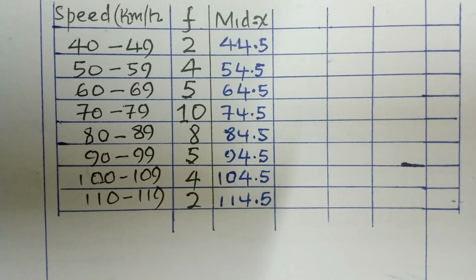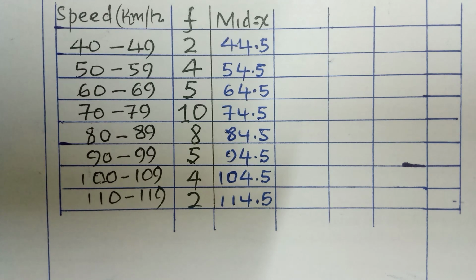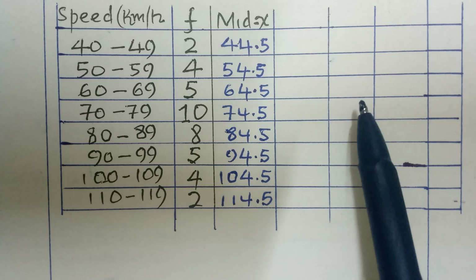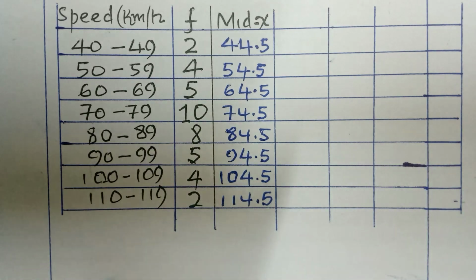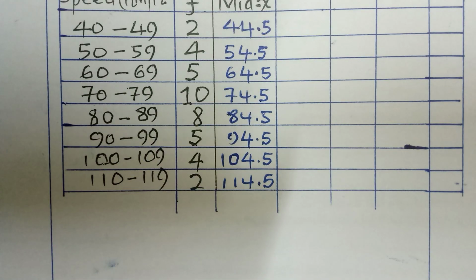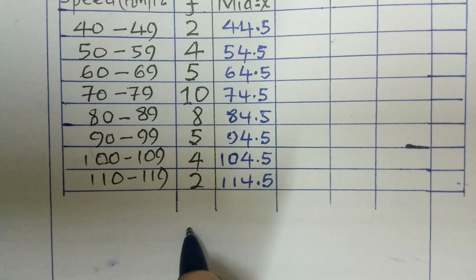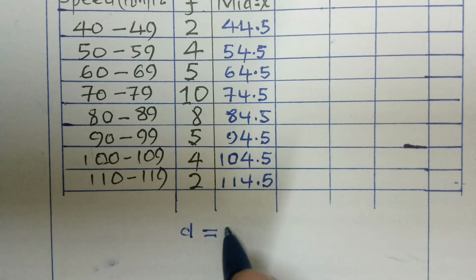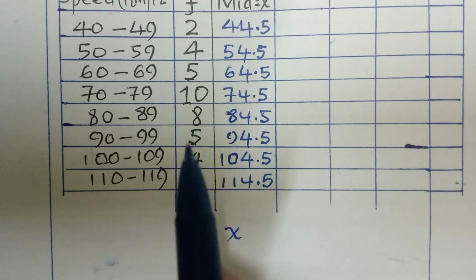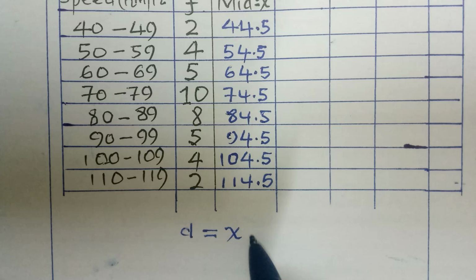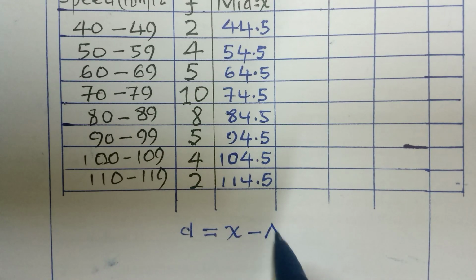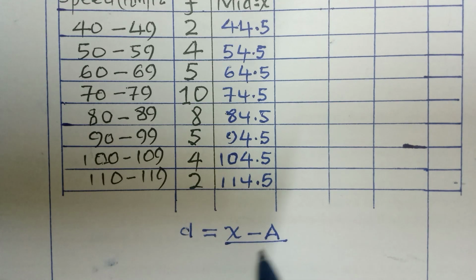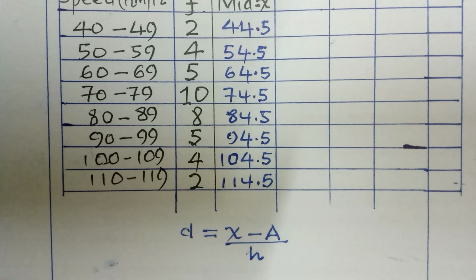So the next thing guys is we establish our equations, so that we can know the columns that we require here. So our equations are, we usually have D, which is given by X, our midpoint, minus A, and then we divide by H, or what we call constant.